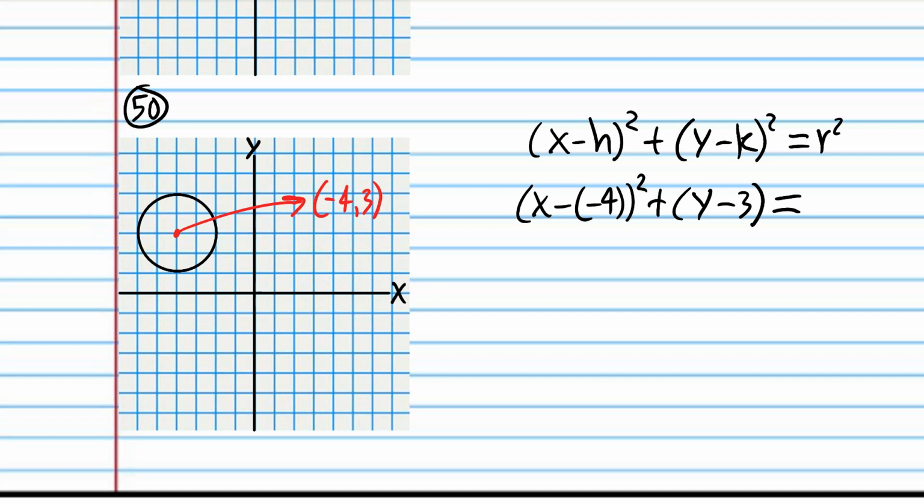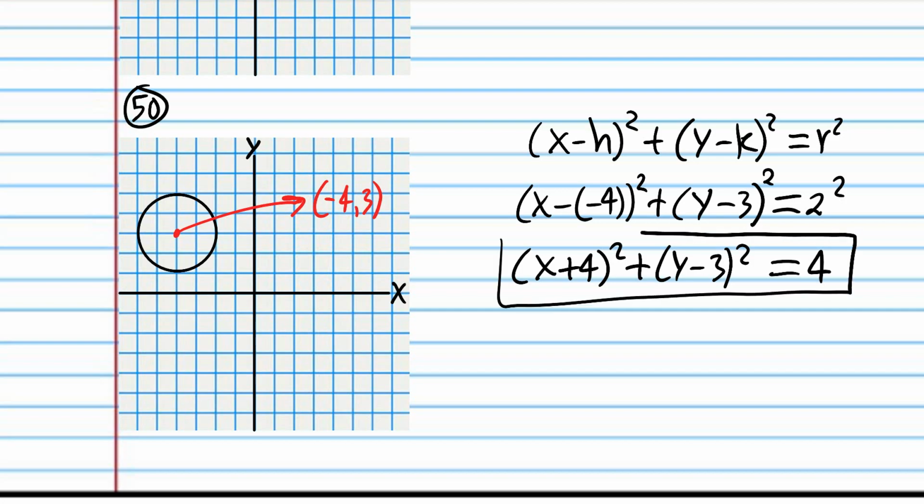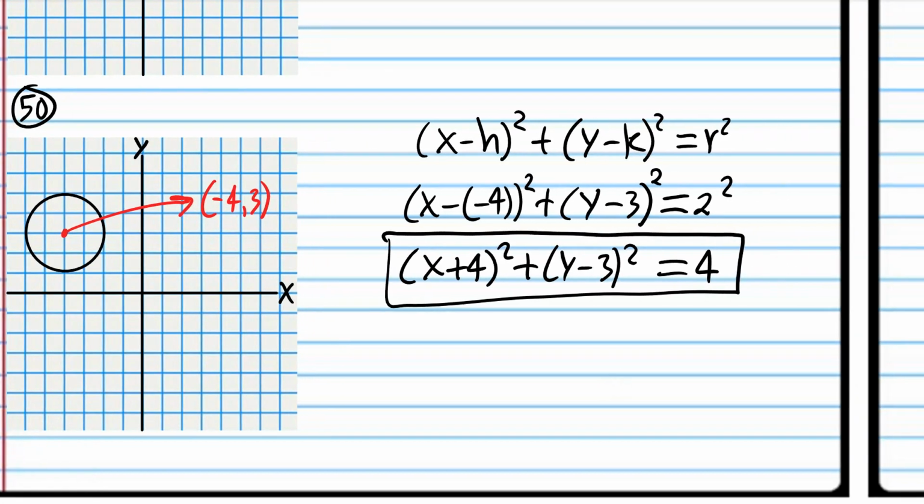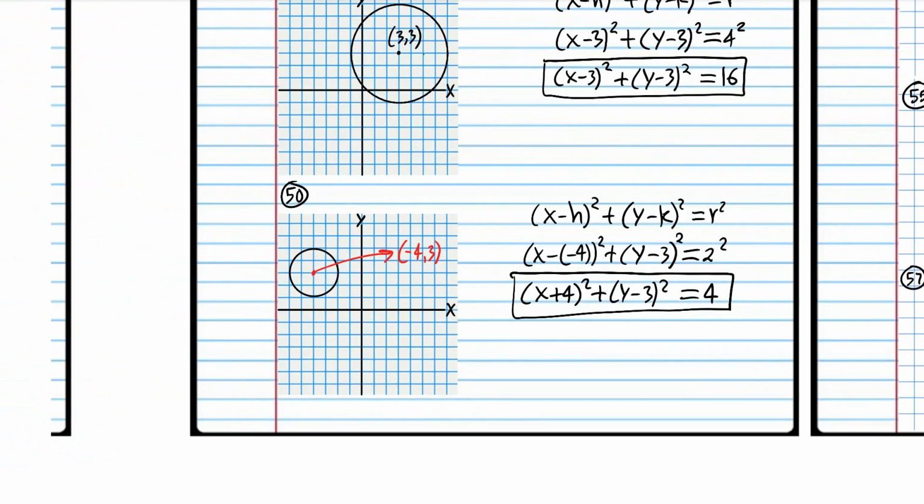And the radius we can see is 1, 2, so that would be 2 squared. Simplify the double negative. Oops, forgot to put a square there. And that should be your answer. So if you got that answer, good job.